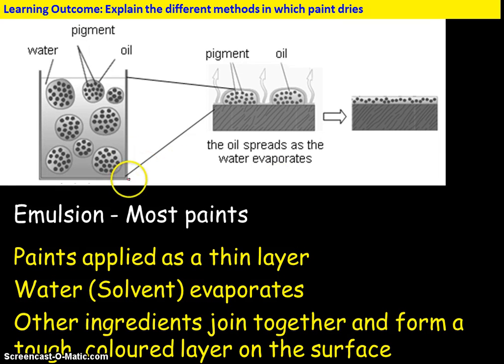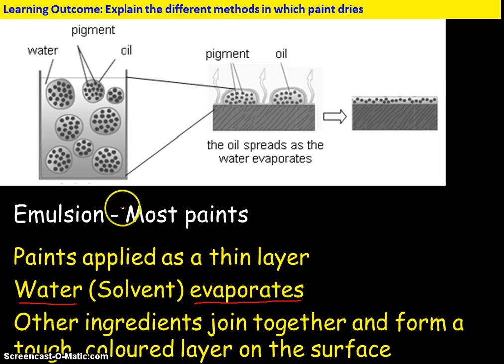In an emulsion paint, we have our pigment dispersed inside an oil binding medium, and then the solvent in this case is water. So the key thing about an emulsion paint is that the solvent is water. So what happens when this paint dries is that the water evaporates. Okay, so that was the first mark.